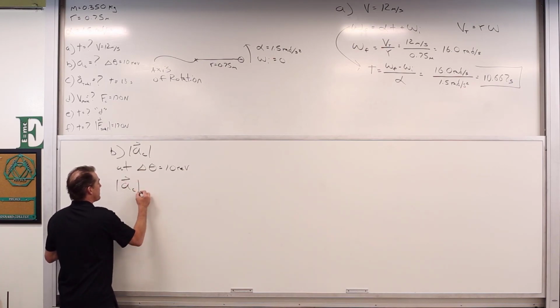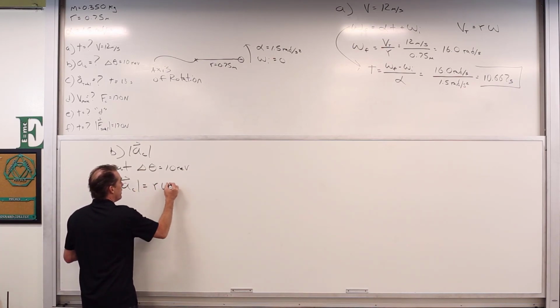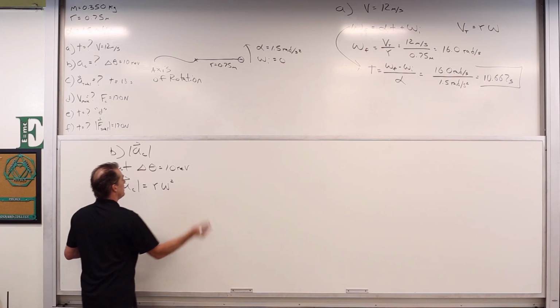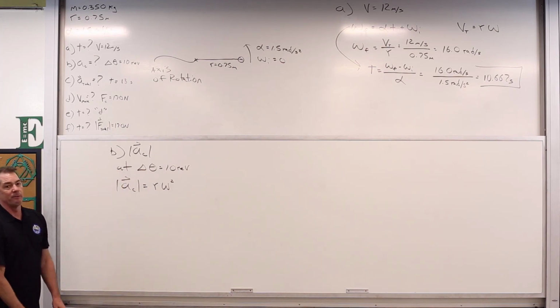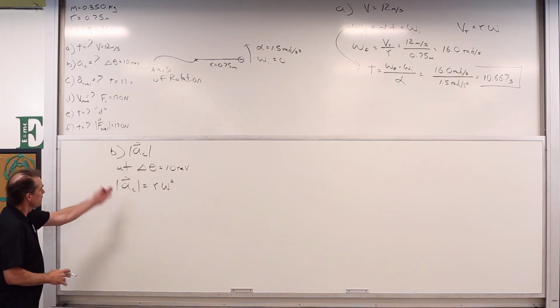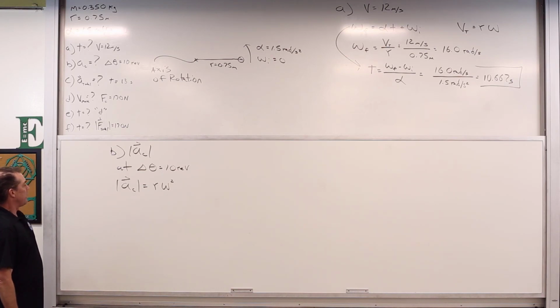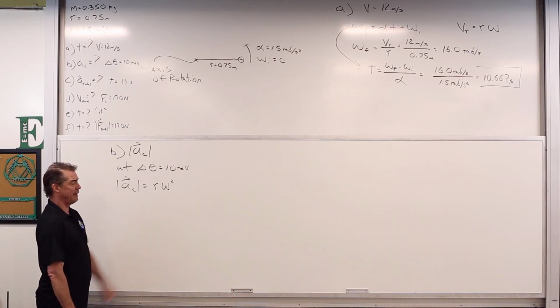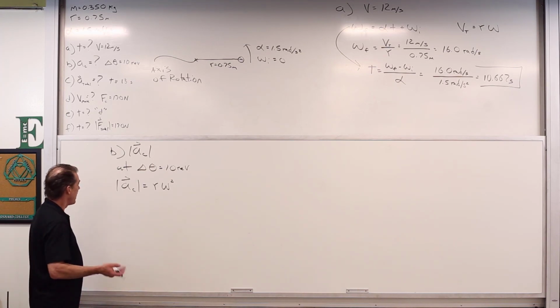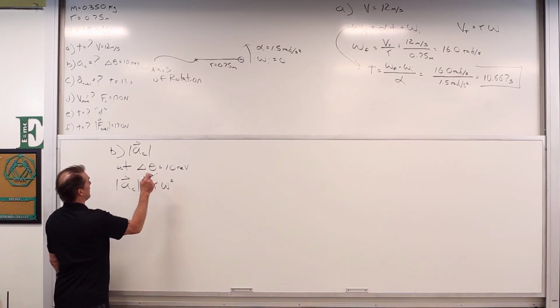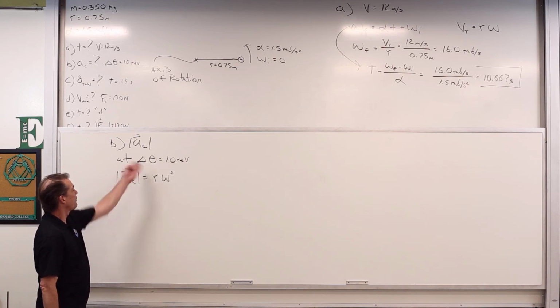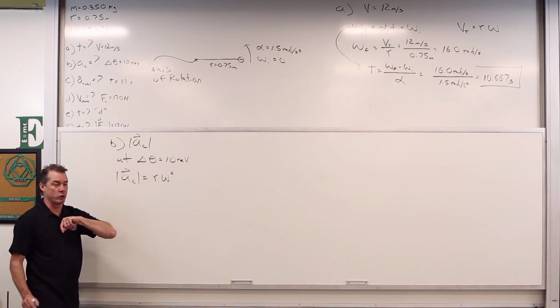That is r omega squared, or v squared over r. We'll use r omega squared. So there is the magnitude of the centripetal acceleration. It depends on the radius and the angular speed of this object. So the real question then becomes, what is the angular speed after 10 revolutions?